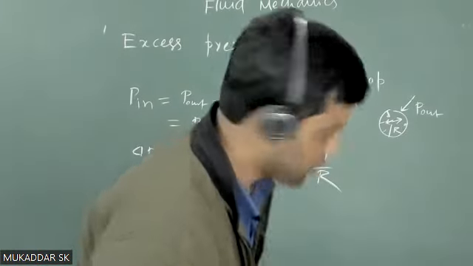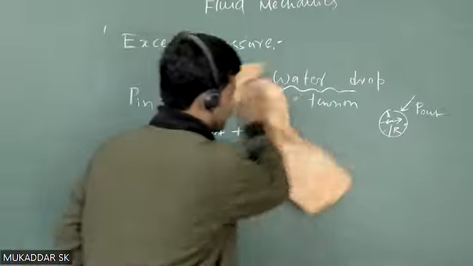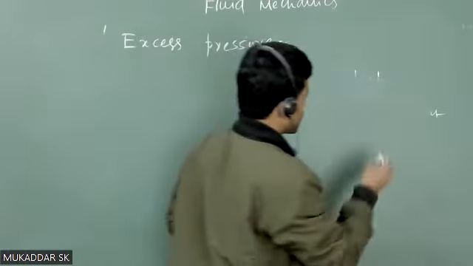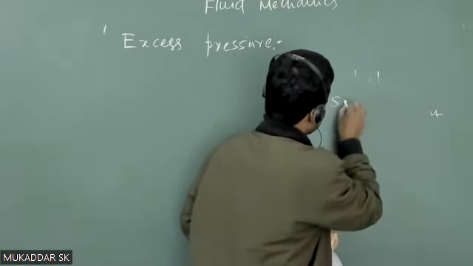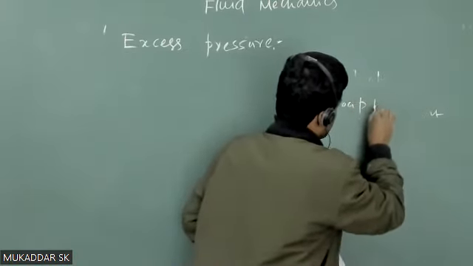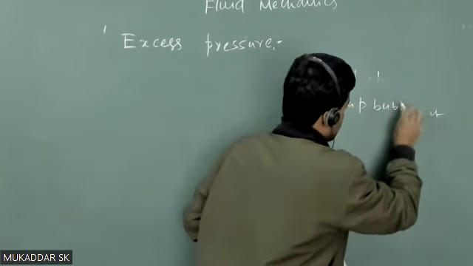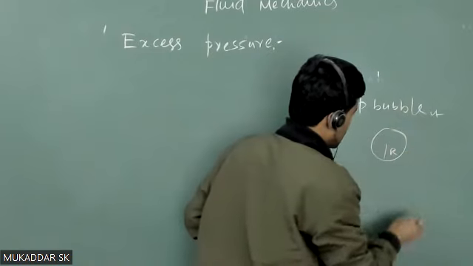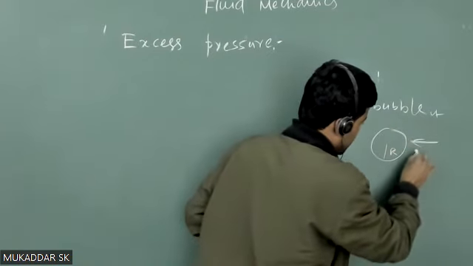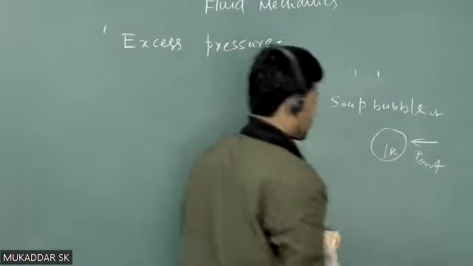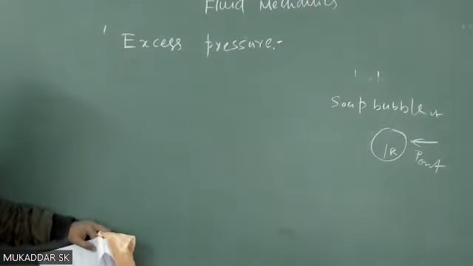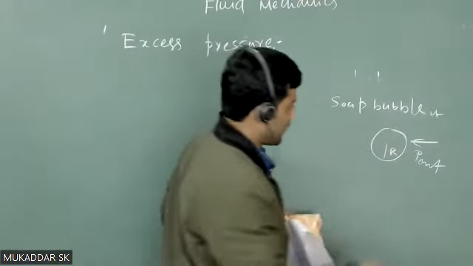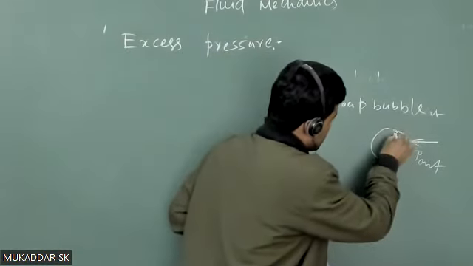Okay, now if you have a soap bubble having radius r, again you have atmospheric pressure, that is outside pressure, acting towards the center of the soap bubble, and also you have surface tension.